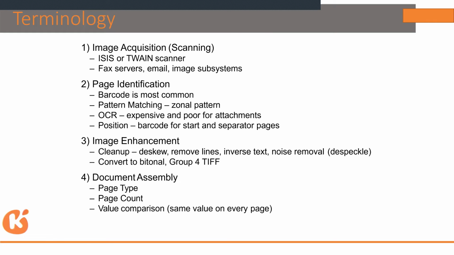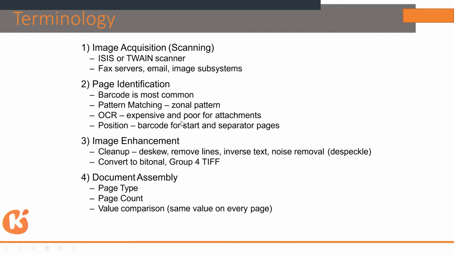Based on document assembly, we can consider all 3 pages as belonging to one document. It might be based on the page type, the page count, or the value comparison. We can assemble the document based on the document type. This is called document assembly.